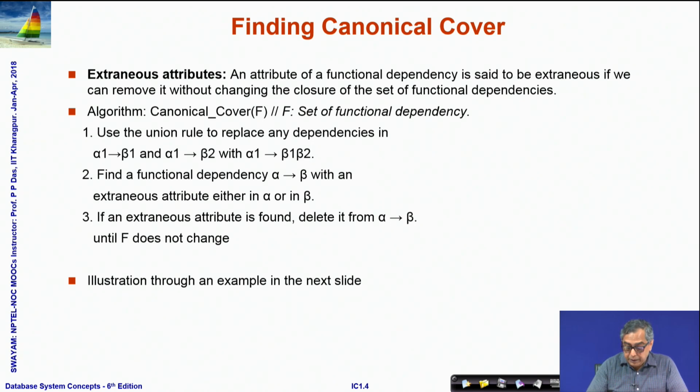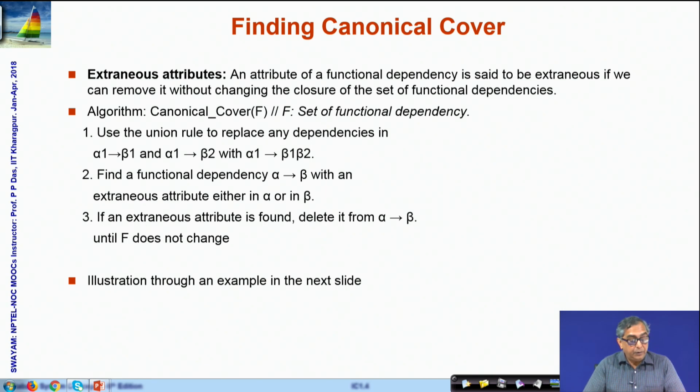To compute on that, we need to go over the canonical cover. If we have two functional dependencies, alpha 1 determining beta 1 and alpha 2 determining beta 2, then by the union rule we get alpha 1 determines beta 1 beta 2, the whole set of attributes on the right hand side.